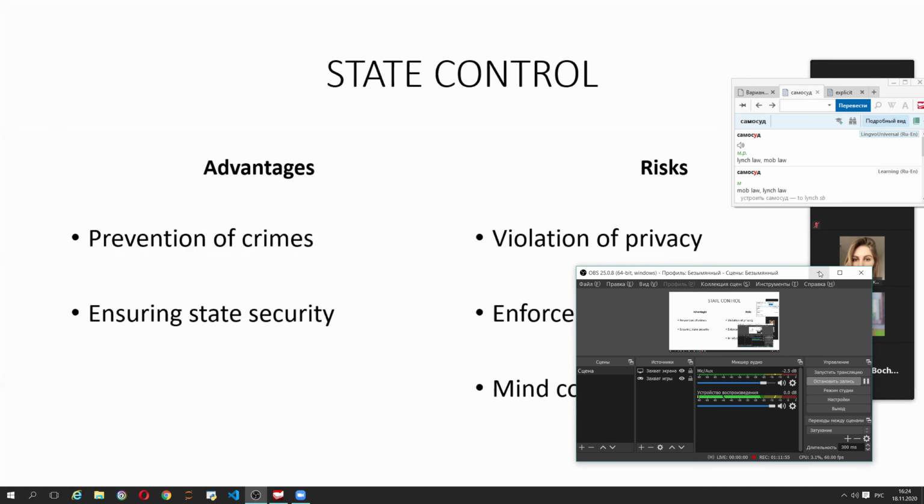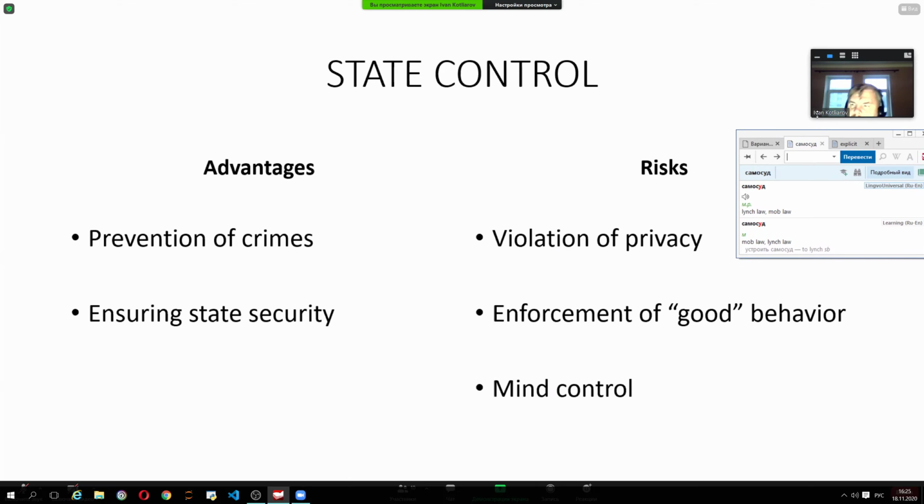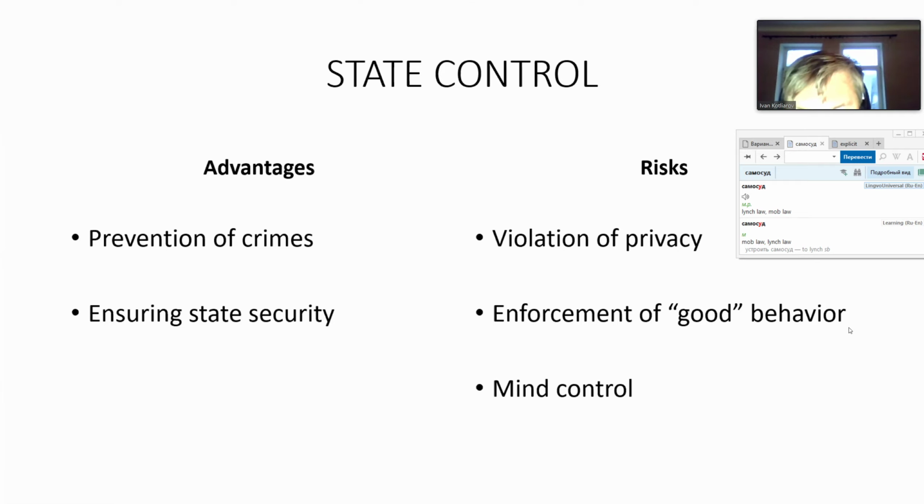Okay, so ladies and gentlemen, now let's go to the problem of a higher level of control. Obviously, the first source of control in our life is the state, at least traditionally. Thanks to the new digital technologies, the state can implement a higher level of control, thanks to cameras, thanks to the control over messaging, etc. Why is it good?